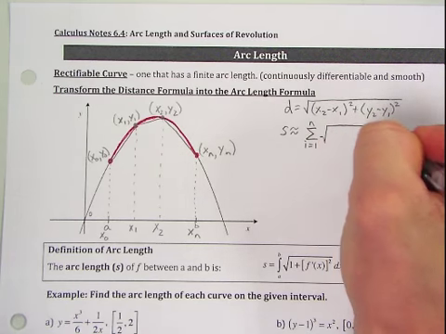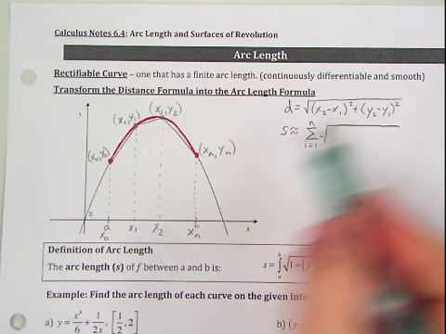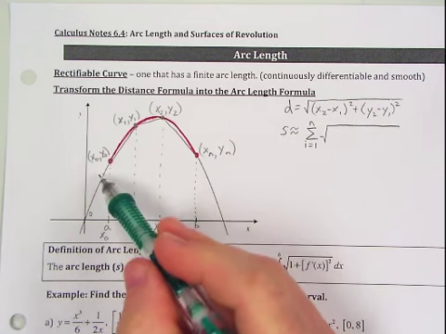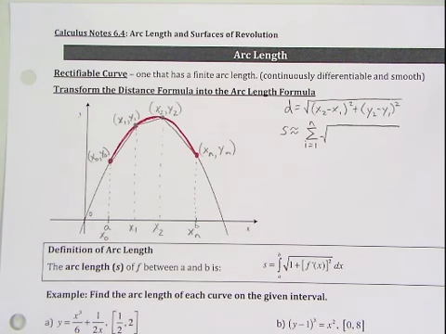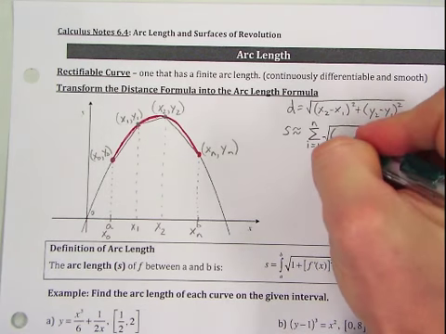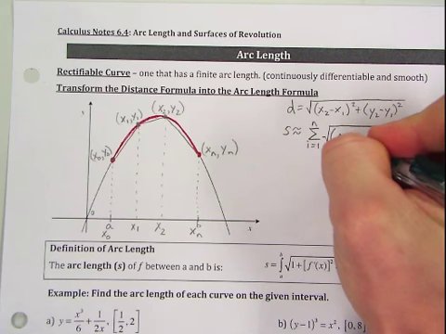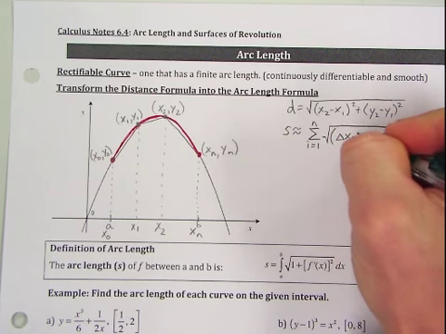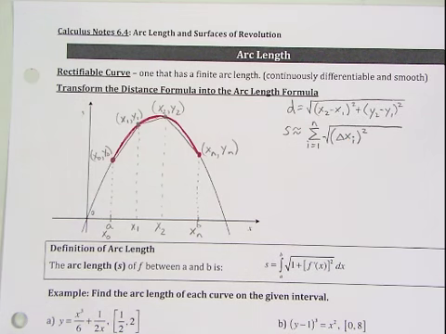We're going to transform this distance formula now to represent what's going on right here. If I do x sub 2 minus x sub 1, that is really the difference between the x's, right? That's all it is. So we're going to rewrite this as delta x sub i. It's the change in x.